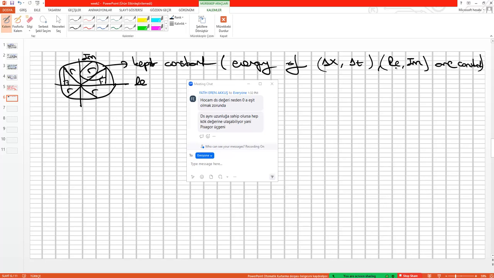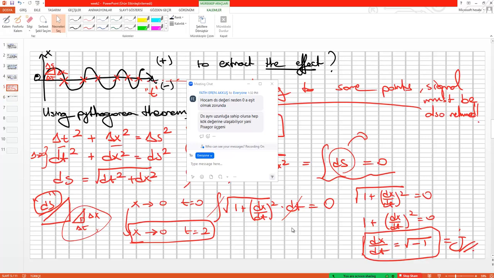We can take energy from the real part or the imaginary part, but always we should define that we take the dt energy and transfer it to the x, or x transferred into the t, right? Otherwise we cannot return to the same position, which means that we have the 0.